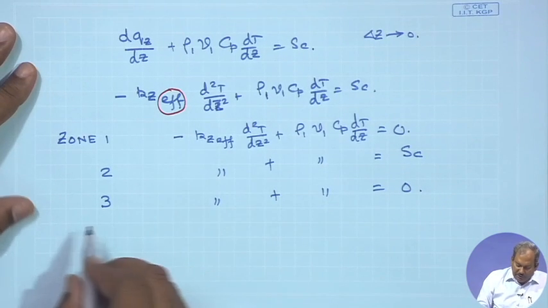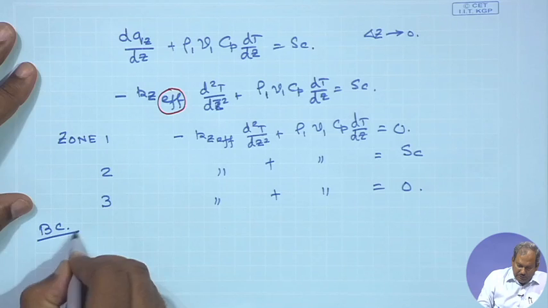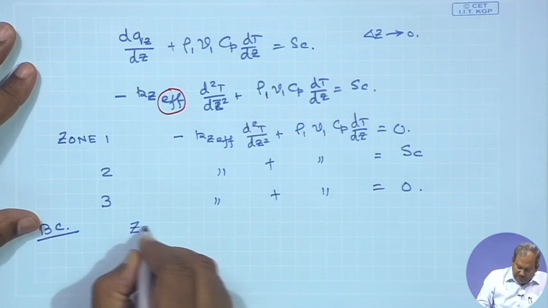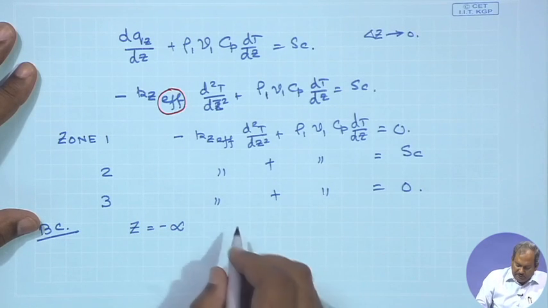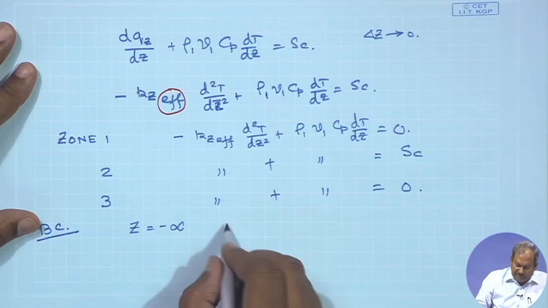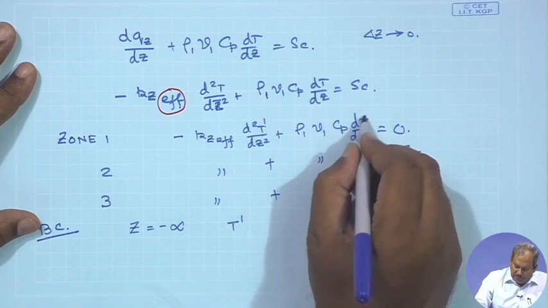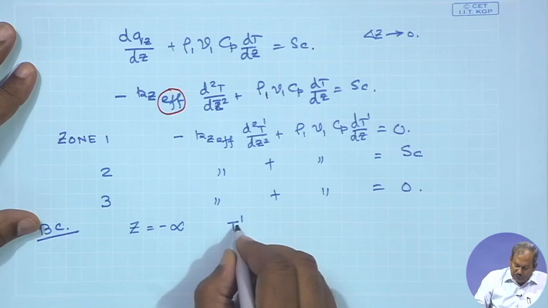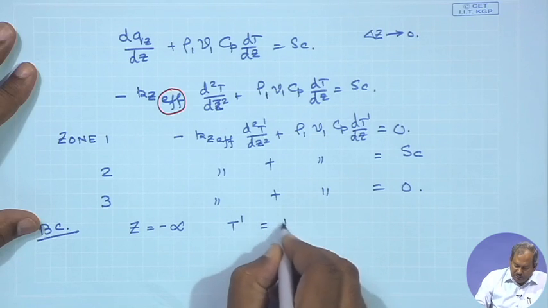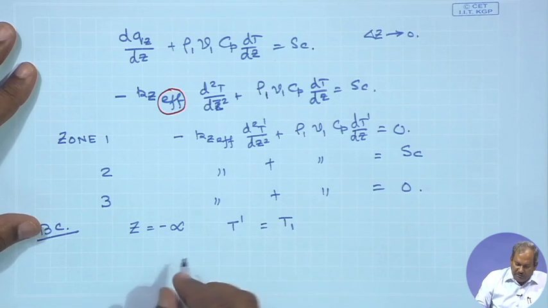And what are the boundary conditions that we can use? That is at z equals minus infinity, that is when it enters the system, T of zone 1 would be equal to T1, this is the entry temperature.